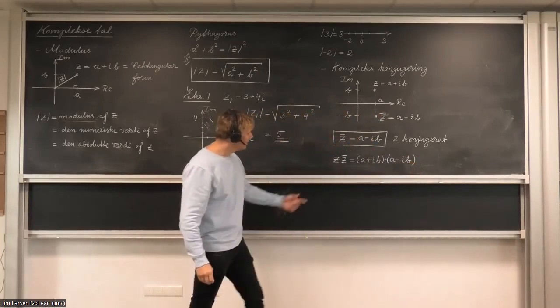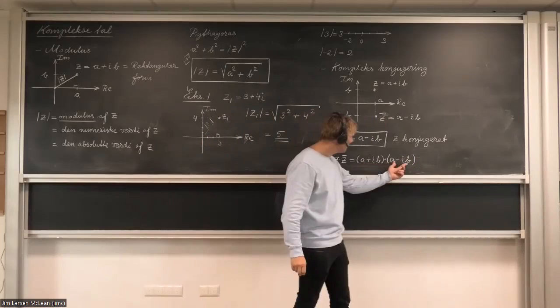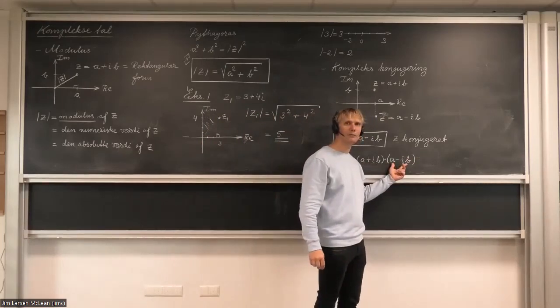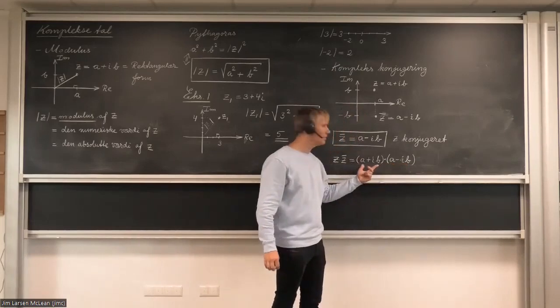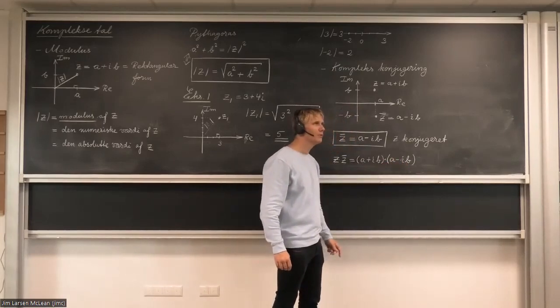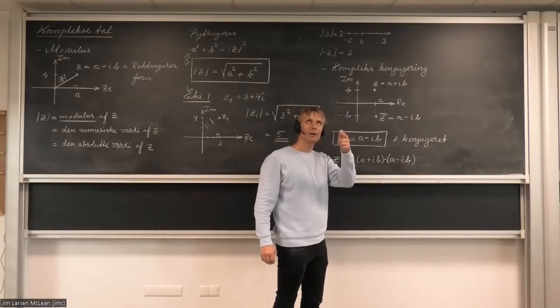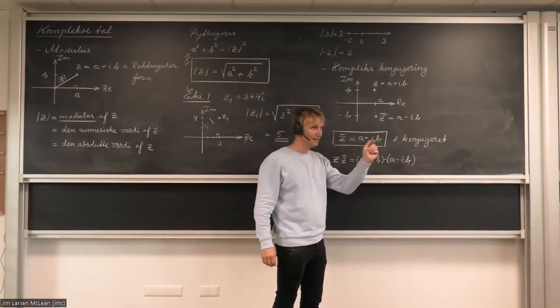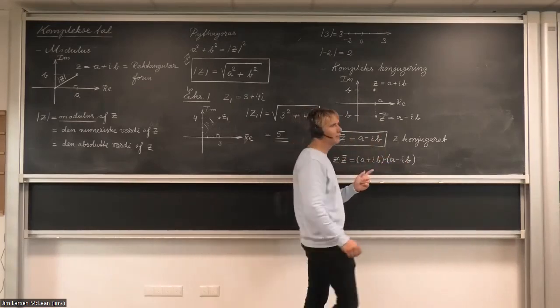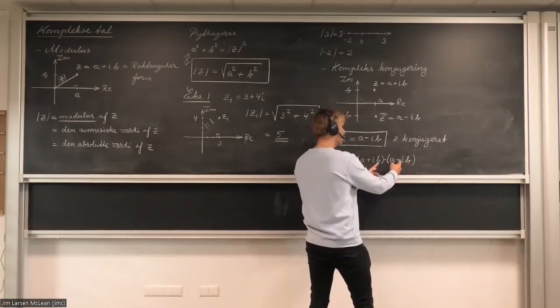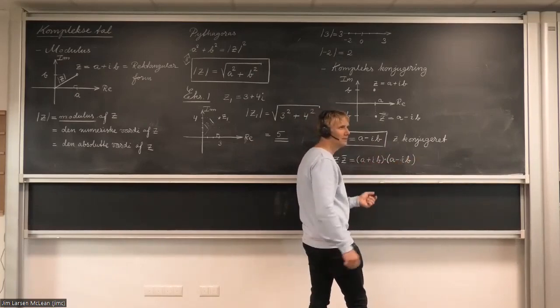It's the sum of two numbers times the difference of the same two numbers. That's what we learned in algebra a couple of years ago. And what did that give again? The first number squared minus the second number squared. Remember it. If you can't remember it, you just say 1 times 1, 1 times 2, and so on, and you'll get it right.